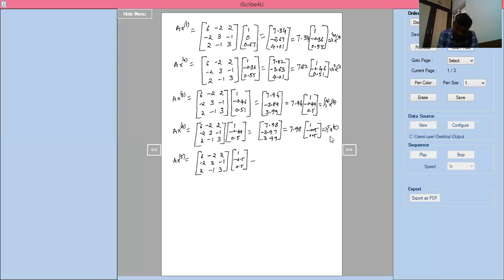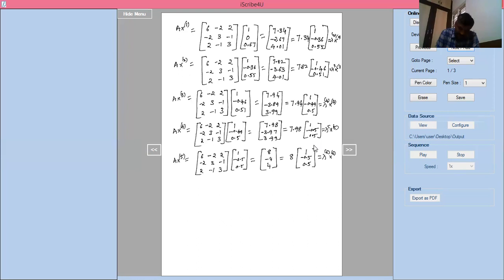Multiplying, you get 8, then minus 4, and 4. Taking 8 as the largest element, 1 is there, minus 4 divided by 8 is minus 0.5, and 4 divided by 8 is 0.5. This is lambda 6 into x6. Now x5 and x6 look the same, so the eigenvectors are the same.